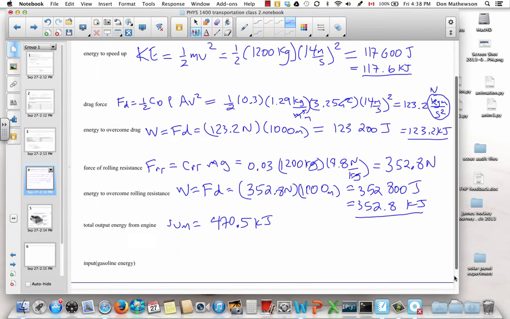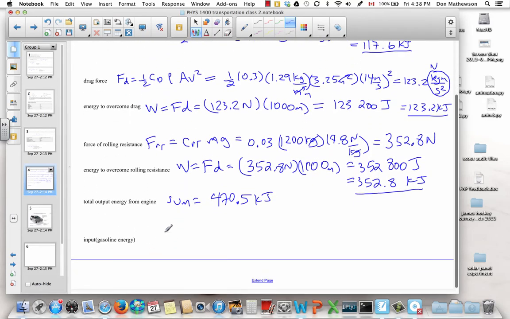Now, in terms of the energy output from the engine and the energy input, the gasoline energy, remember the efficiency ratio. Efficiency is an output over an input. The input to the engine is the gas energy. The output is the motion energy of the car. The required output energy is what we've calculated here. So in terms of the amount of gasoline energy we'll need to move this car 1 kilometer, it's going to be the output energy divided by the efficiency.